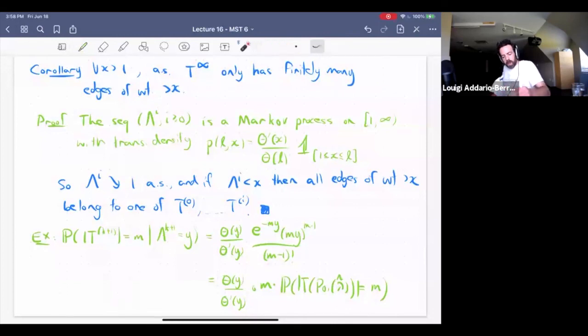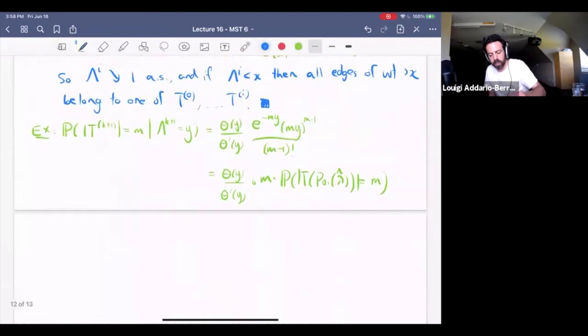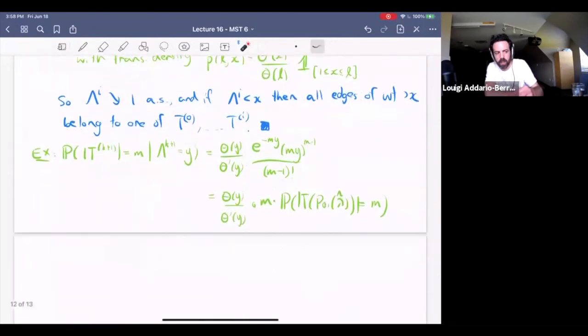I'm not claiming that this formula is obvious, but everything is explicit enough that it's not too hard to find, and it's a really nice explicit formula. Now we have a very explicit Markov process for the lambdas and a very explicit conditional description of the sizes of the ponds given the lambdas.